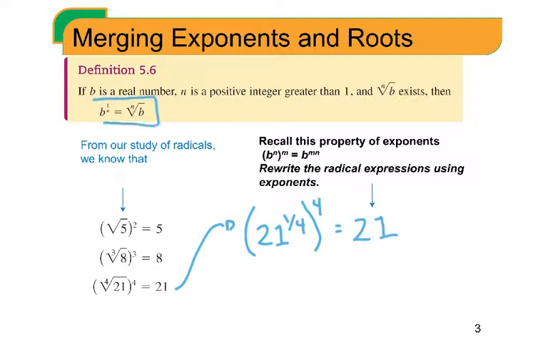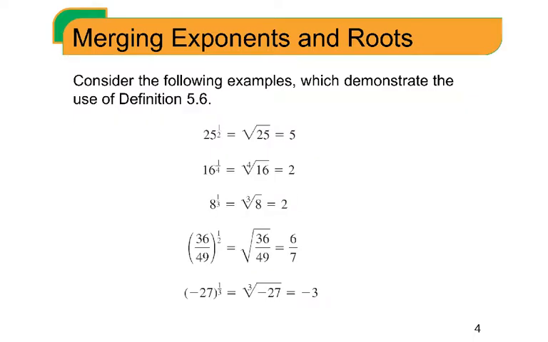So this is the property we're learning here. Property tells me that if I'm looking at the nth root of some number, this can be written in exponential form as that number raised to the 1 over n power. So that's very useful.